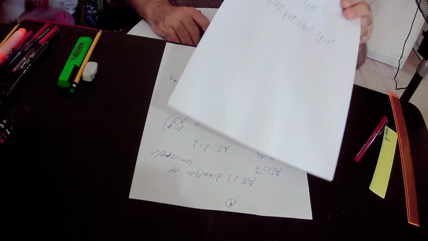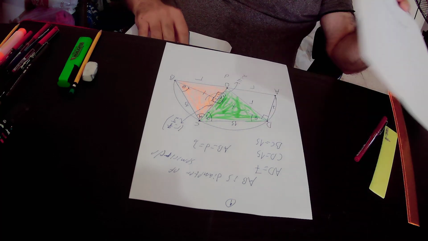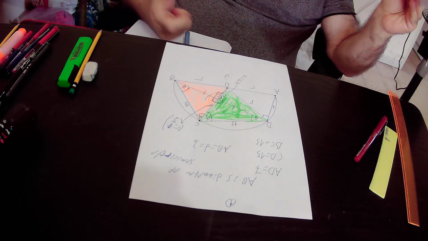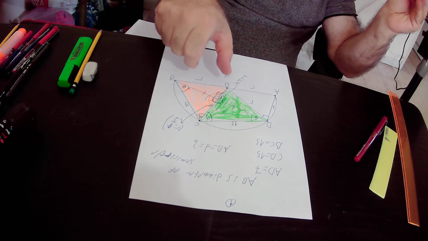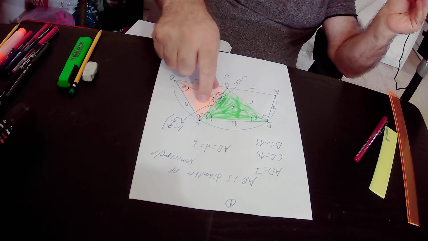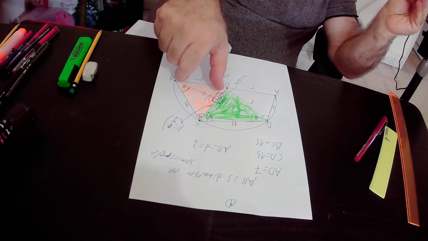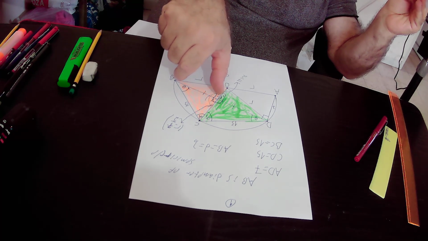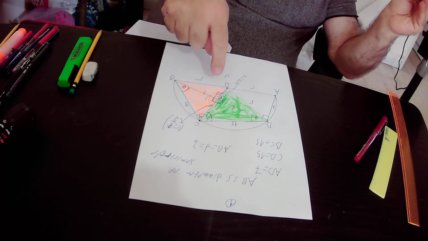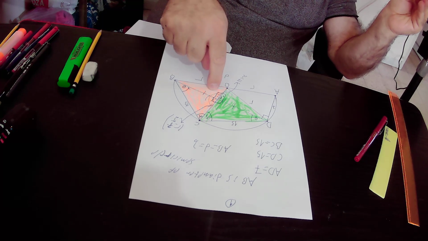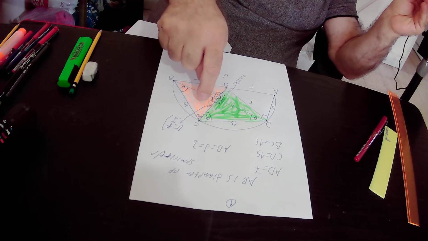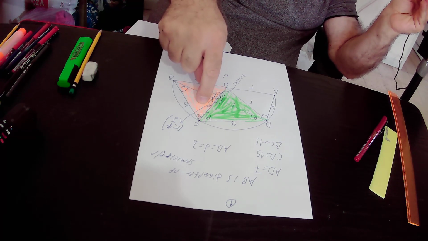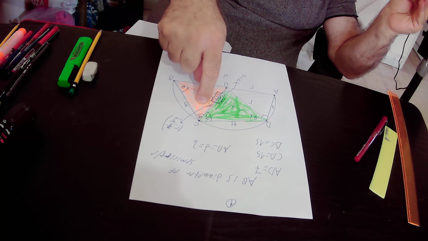Because side EB is a common side of the two right triangles, we can relate to EB as it belongs to this triangle, and then as it belongs to this right triangle.